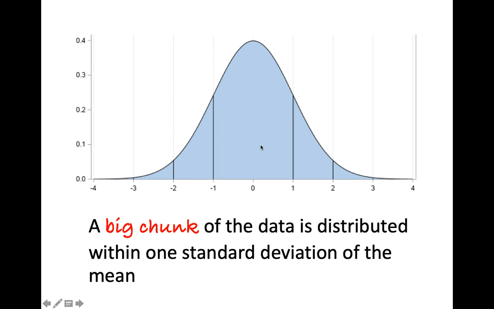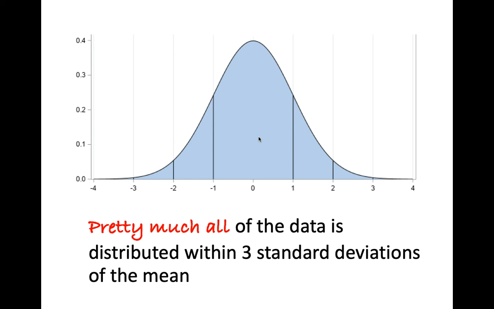It's a big portion of the area of the data. And then I could also say that pretty much all of the data is distributed within 3 standard deviations of the mean. Now, those words describe what I see in my graph, but they're not very numerical. And we're going to come up with specific numbers. How much of the data is here? How much is here and here and here and here? And it turns out we can measure that.